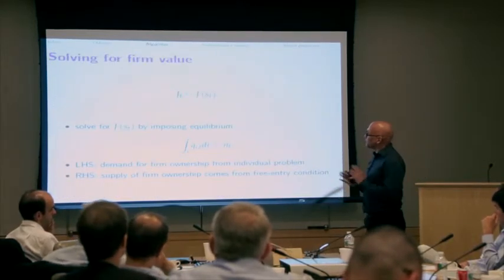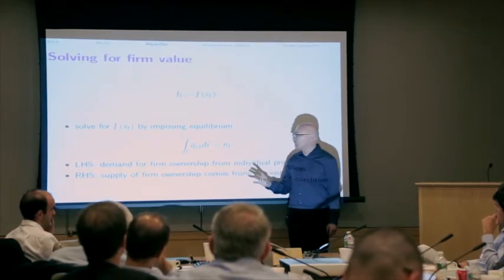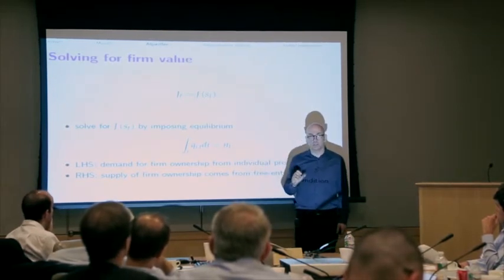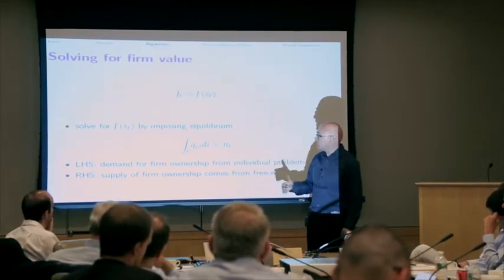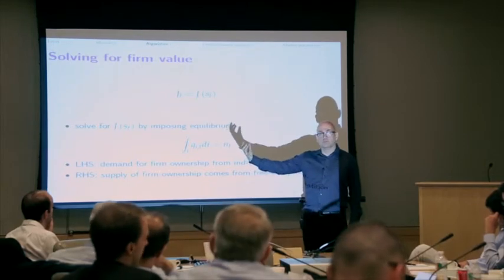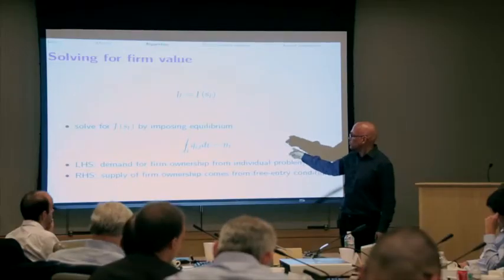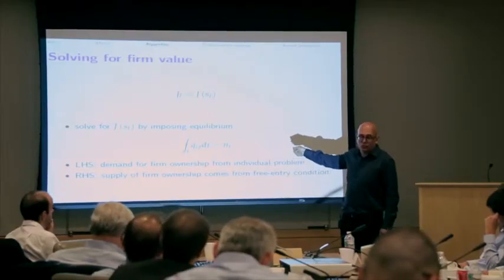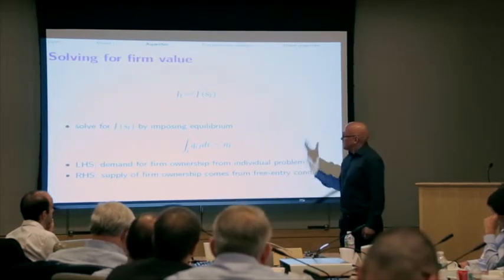Okay, so basically what we do, again, think of those two sides of the market. On the one side, suppose I tell you J is 12. Then from the free entry condition, we get the supply of the number of firms, because J determines what the tightness is going to be, and that determines the number of vacancies. And then with the law of motion for the number of firms, or the number of employment, we get the supply of the number of firms.